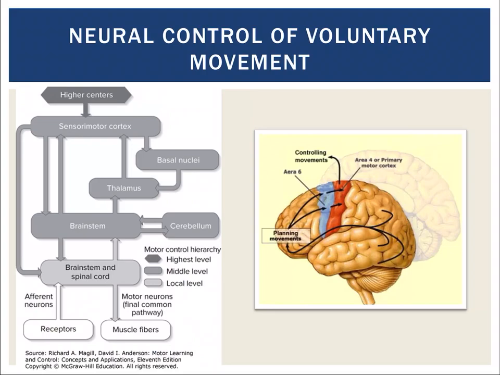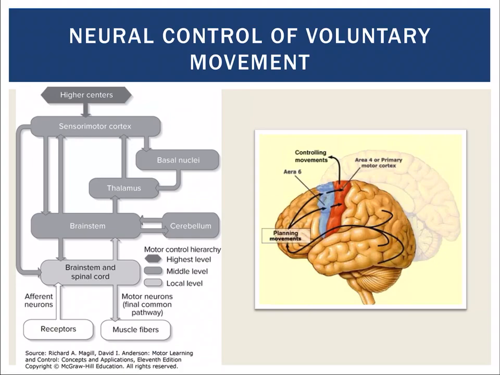So the planning for every given movement, the highest center of control, right? The planning for every given movement starts in the frontal lobe. And the frontal lobe issues commands to a particular part of the motor cortex. It's here described as area 6, which you can see in the picture.